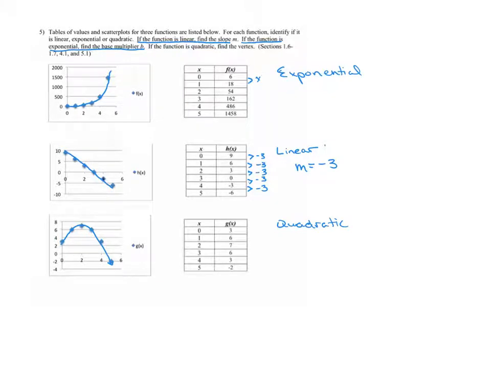We multiply by 3. 18 to 54 is the same thing. 54 to 162. All of these are multiplied by 3 as we go down our table. So our base multiplier b is equal to 3.